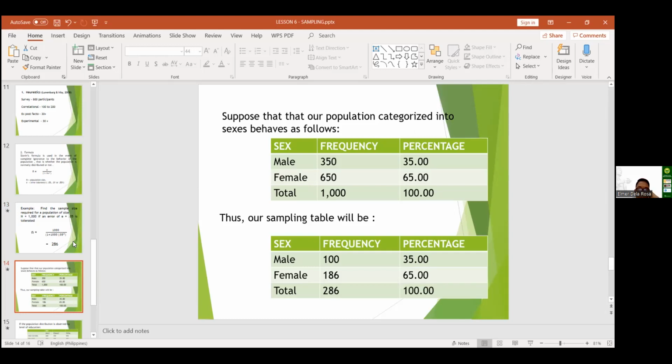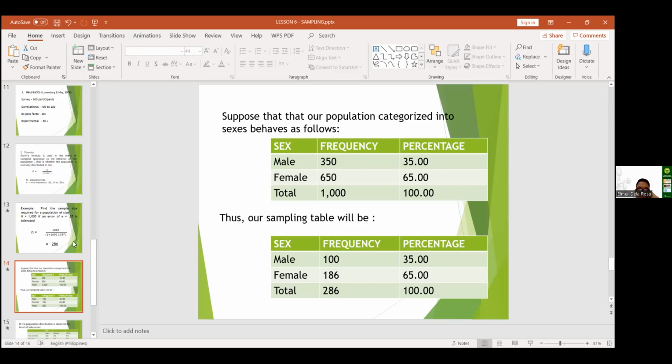So 35% ay male, 65% ay female. So na-compute mo 286 ang sample size. So ilan sa 350 na lalaki ang kukunin mo? 35%. So 350 all over 1,000 times 286 will give you 100. Similarly, 650 females divided by 1,000 times 286 will give us 186 female.